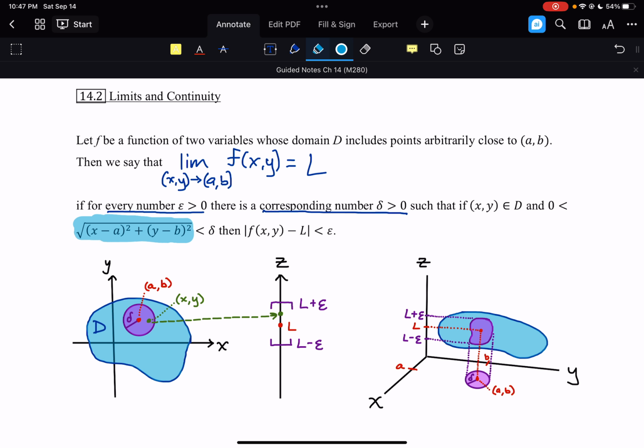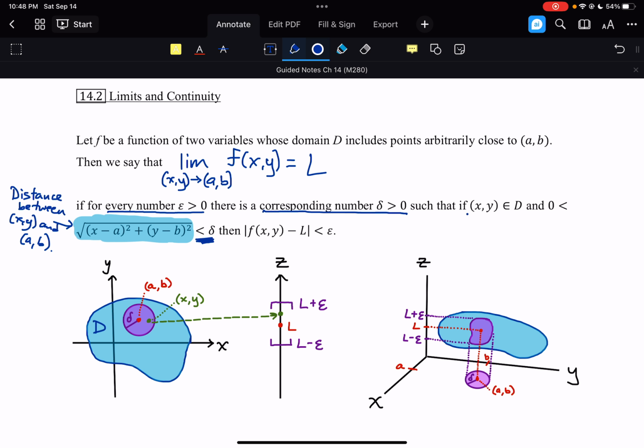This one is giving us the distance between the point (x, y) and the point (a, b). And remember, (x, y) is approaching (a, b). So that distance between them should be shrinking. So we're saying that that distance is less than delta.